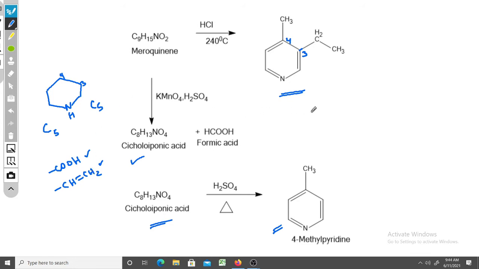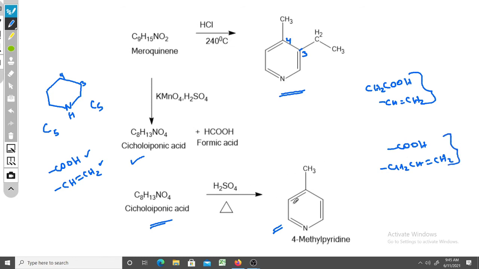So there will be two types of combination, that is CH2COOH and CH double bond CH2. Another combination is one COOH and CH2 CH double bond CH2.